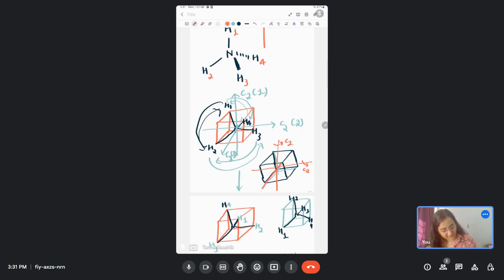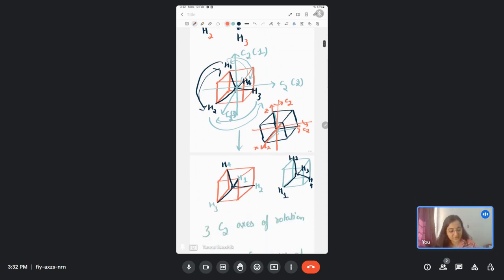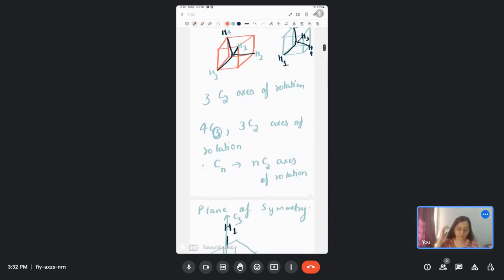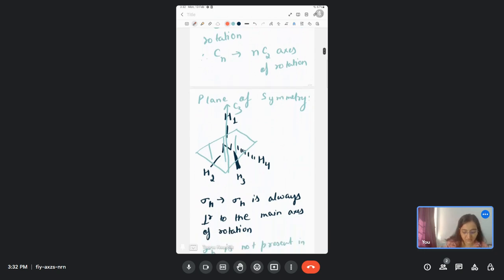One C2 axis is present here, and one is coming like this along Y, and this is the X axis. One C2 axis is coming out of the cube, that is towards the X axis. So we have three C2 axes of rotation here.